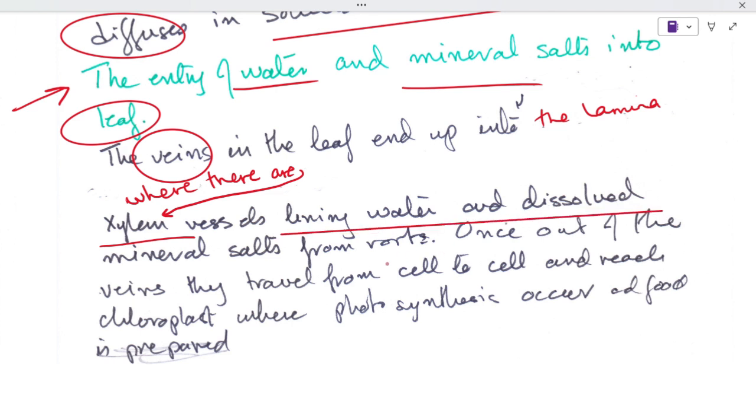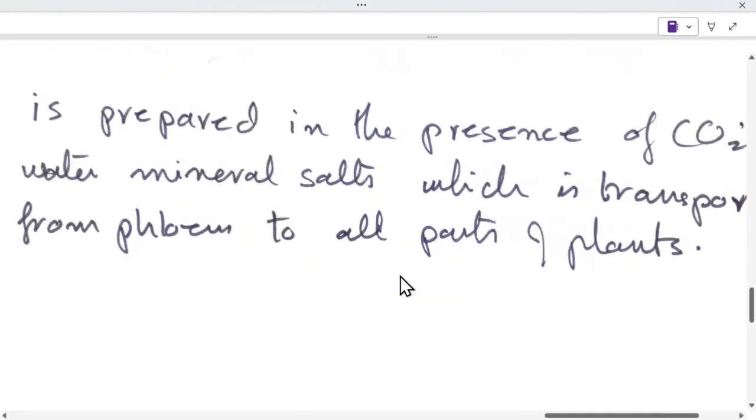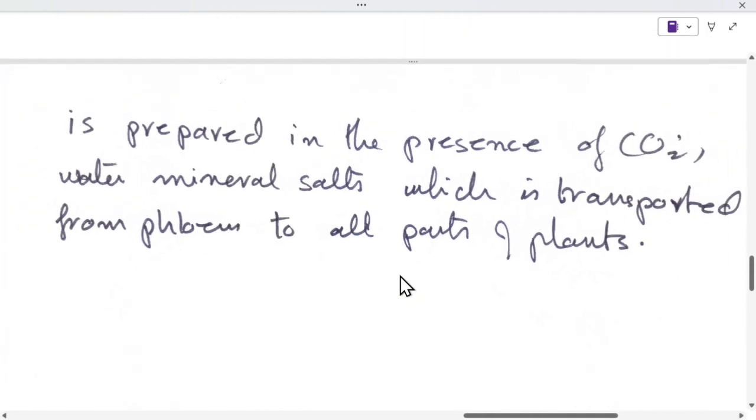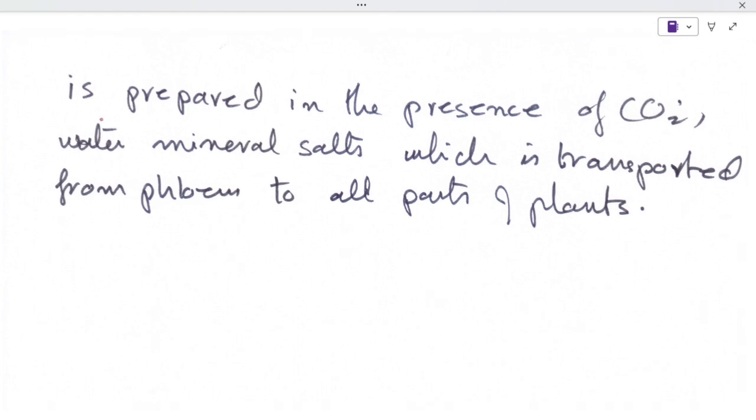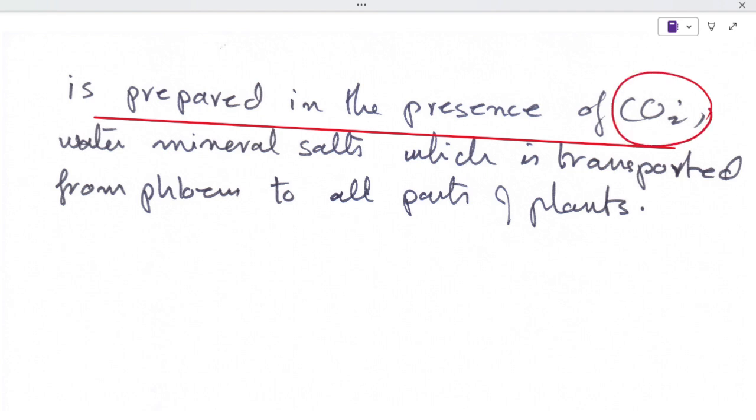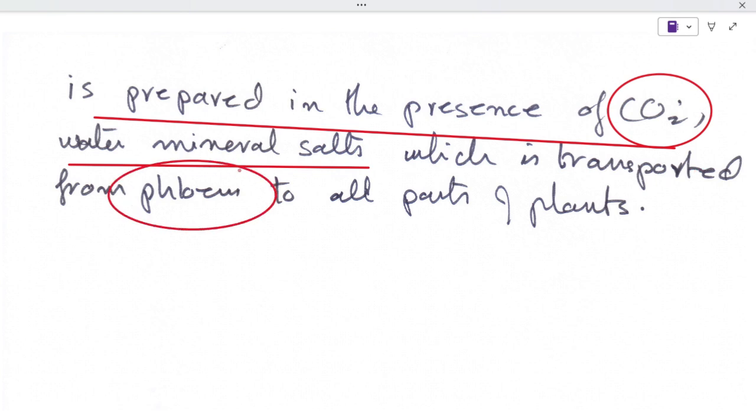Once out of the veins, they travel from cell to cell and reach chloroplast where photosynthesis occurs and food is prepared. In the presence of carbon dioxide, water, mineral salts, the food is transported from phloem to all parts of the plants.